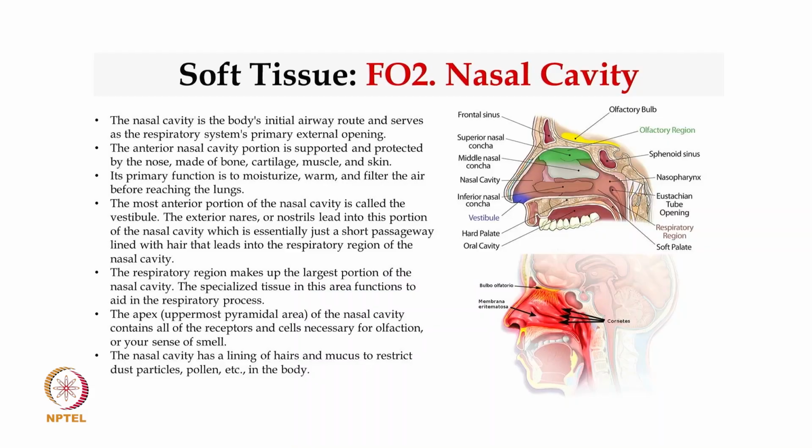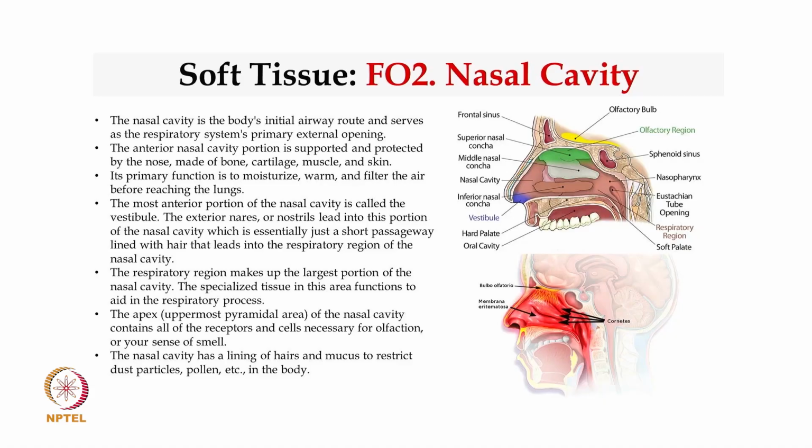So from a soft tissue or an anatomy standpoint, we are looking at the nasal cavity on the right side top, where we can look at the frontal sinus. So the sinus is somewhere here. Typically people who have sinus problems, the bone is deformed, or there is some mucus which has gone into the sinus.